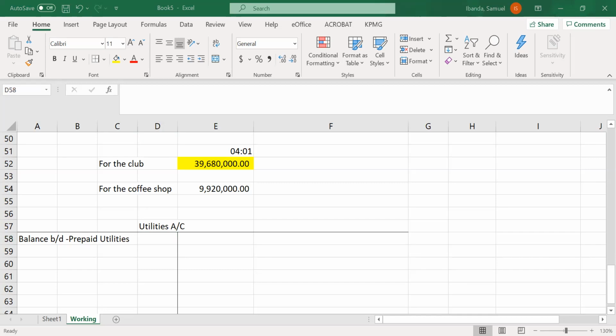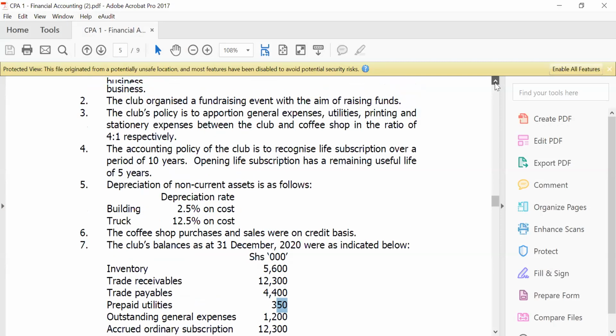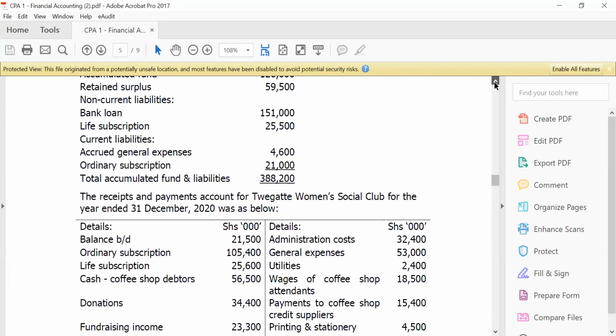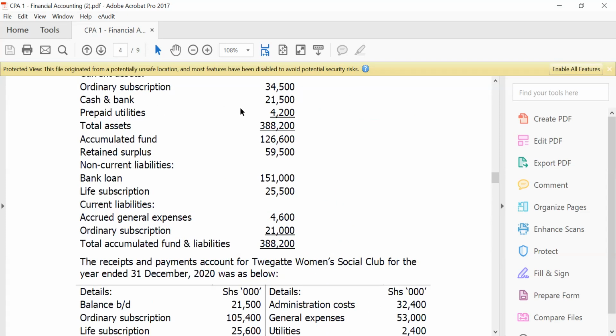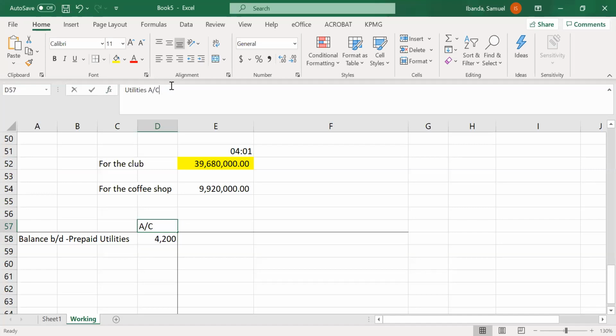When you come to what you have here, prepaid utilities, our opening balance is 4,200. I can put my degree of precision in bracket here so it handles everything. These are in 1,000. So I can choose to put it here, okay? These are in 1,000.